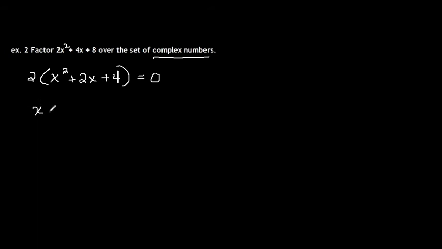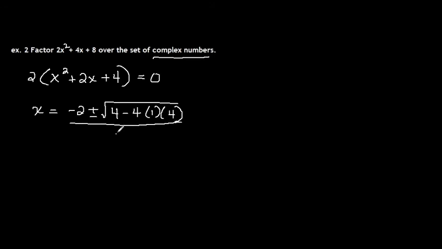So we would say x equals negative b, so it would be negative 2, plus or minus the square root of b squared, so it's 4, minus 4ac, all over 2 times a. And if we simplify that, we get negative 2 plus or minus the square root of negative 12 all over 2, and we just keep simplifying it.